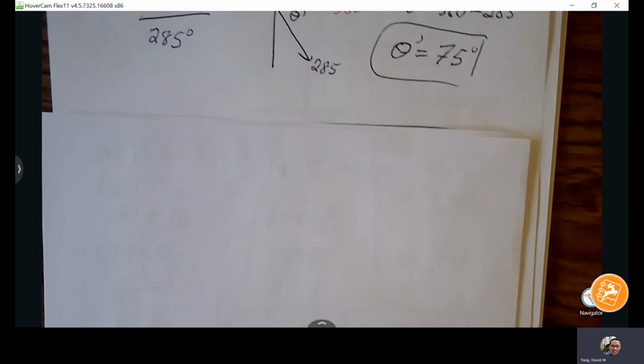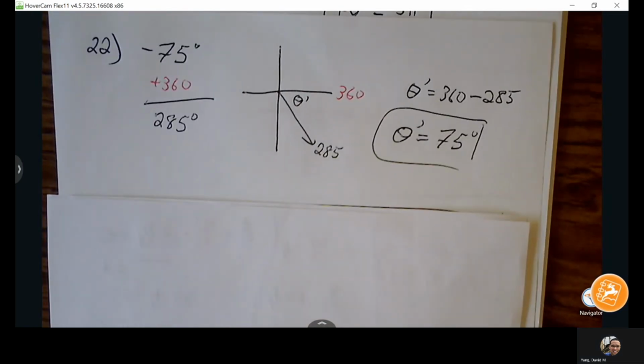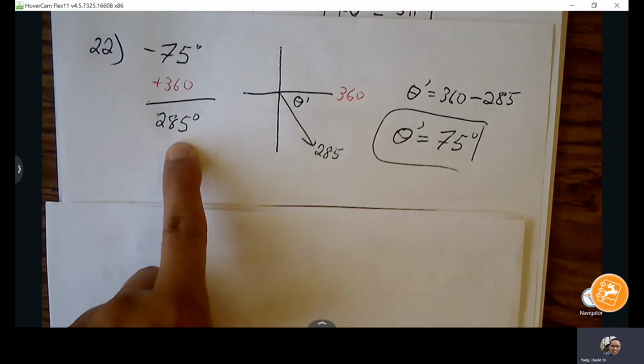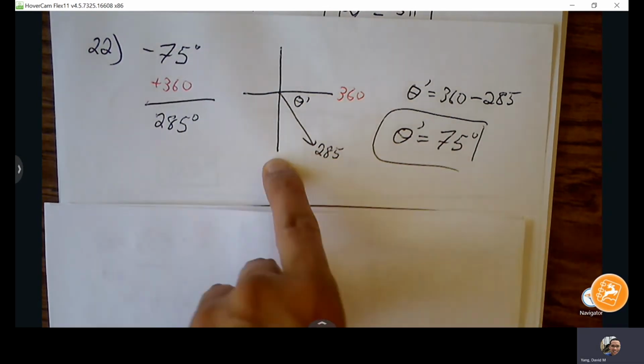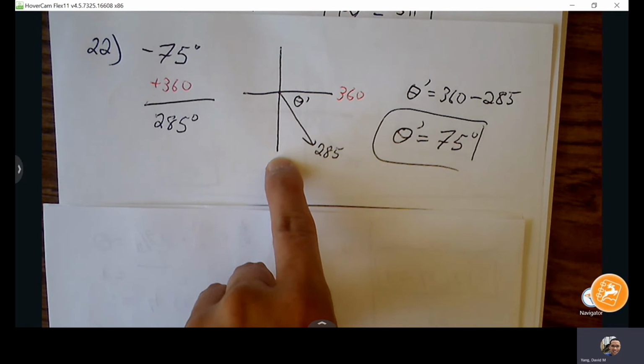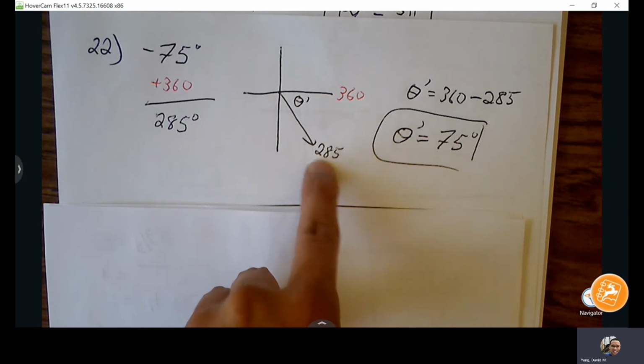Okay, here's 22. So the first thing that we need to do is, if you don't recognize that -75, add 360, right? Get it to a degree measure between 0 and 360. 285 is going to be slightly in the 4th quadrant there. We know 270 is here, so 285 is here.